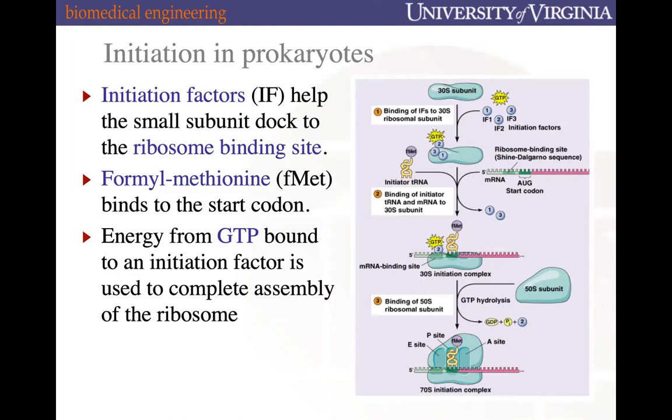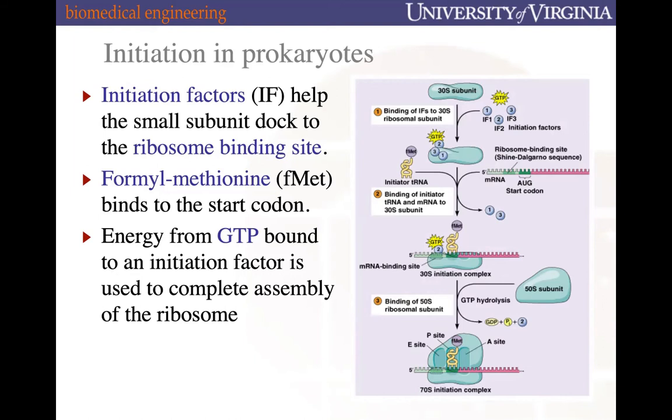We talked about this in the past, how that is a PAMP, going back to our immunology lecture. Formylated methionine exists only in bacteria. In eukaryotes, we have a start codon that encodes for methionine. So this is one way in which bacteria and eukaryotes are different.